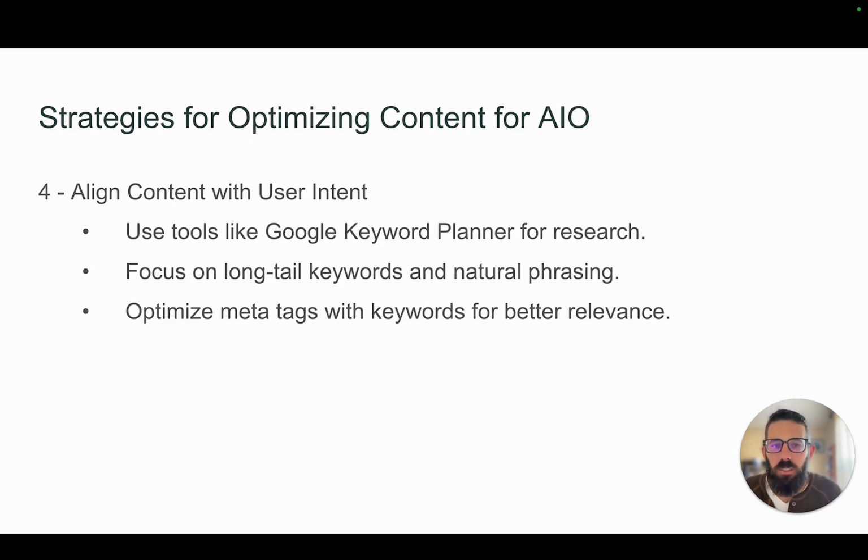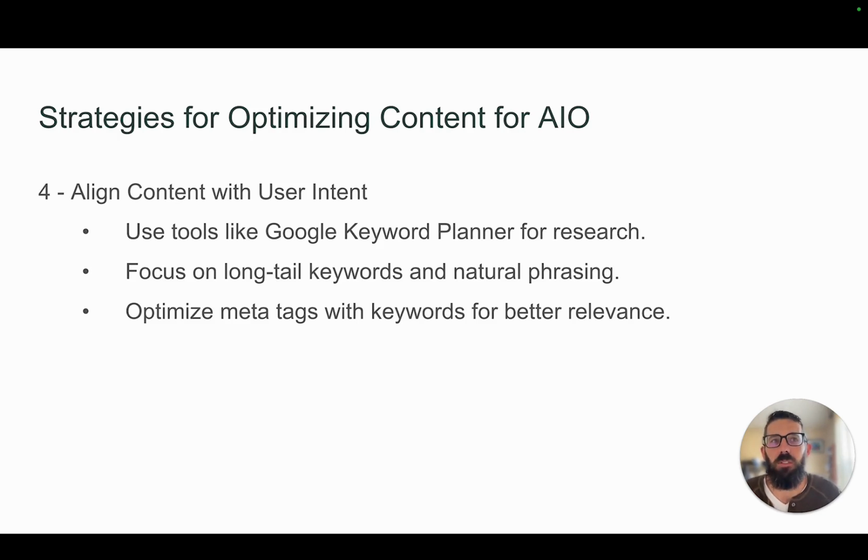Focus on longer tail keywords and natural phrasing. Again, people are typically going to be searching more as they would talk, and this also applies to voice search and voice SEO. But with AI overviews, if I'm looking for an Italian restaurant and I go to Google, I might just type in "Italian restaurant near me."